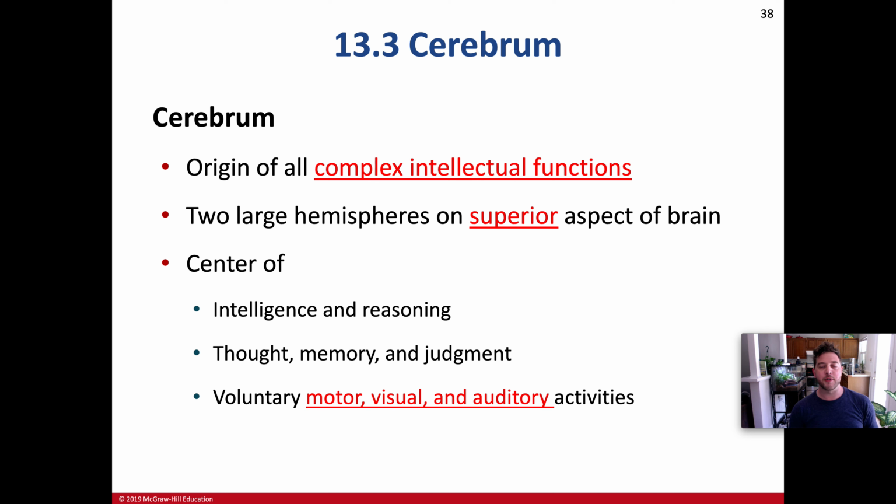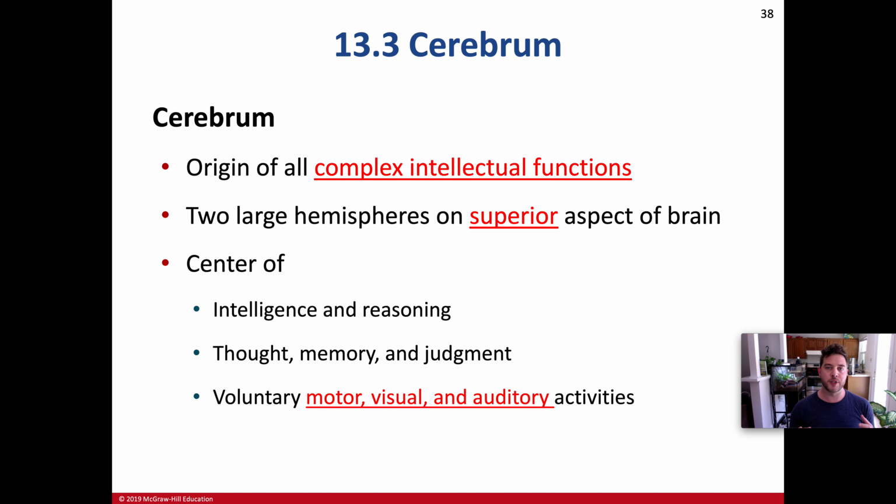So when we talk about the brain, all of the different lobes in the cerebrum, all of the different portions of the brain have different functions, and even different gyri, different folds, are going to have different functions. But it's not always as simple as saying, oh, this fold does this. With DNA, we can say this sequence is this gene and it will code for this protein. We can't always be as specific with the brain because there are so many different parts that interact.